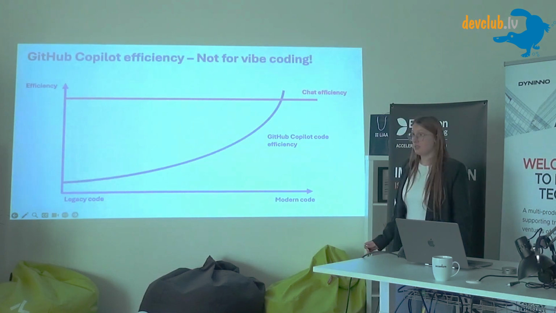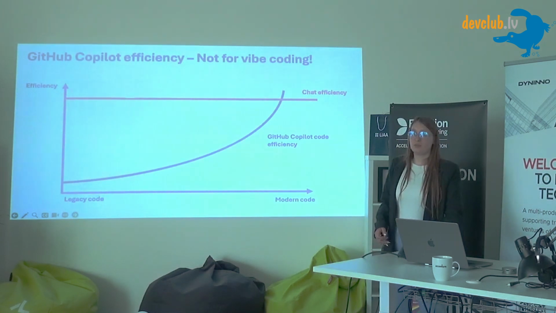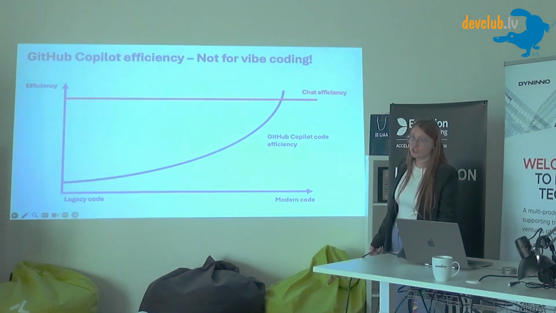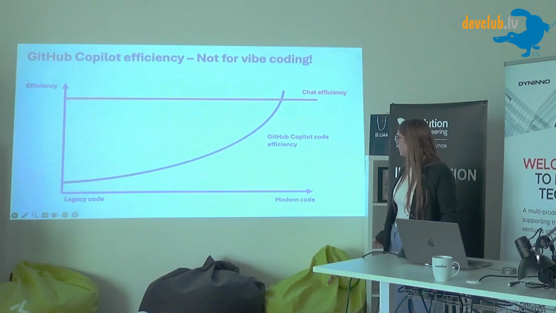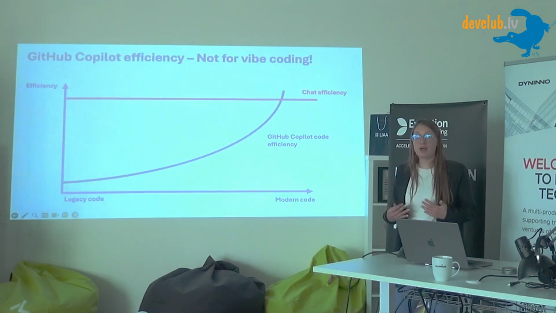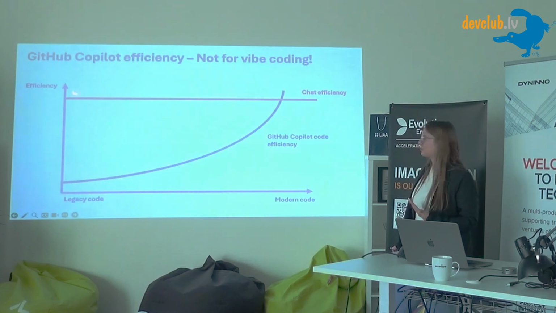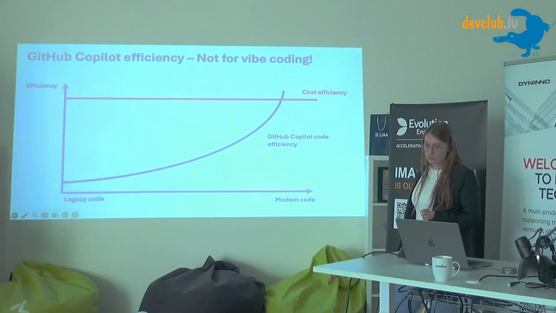This is because the less maintainable code you have, the worse responses and suggestions GitHub Copilot may provide for code suggestions. You might notice that during my demo I haven't used code suggestions, I have used chat, because chat has surprisingly consistent efficiency, depending on your prompt engineering skills, of course.